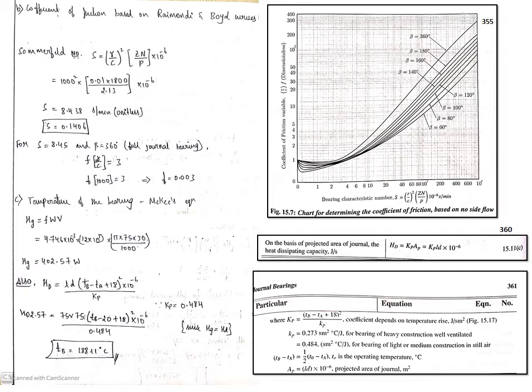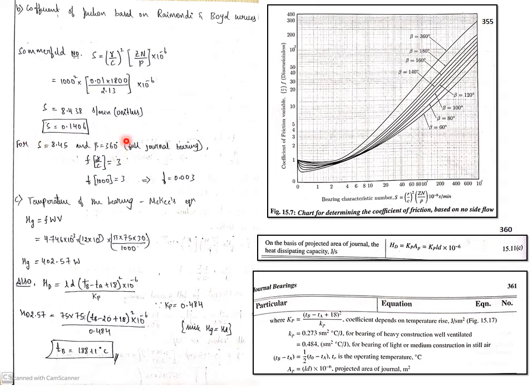So now the coefficient of friction according to Riemann and Boyd curves. Okay, so for Riemann and Boyd curves, before that you have to find the Sommerfeld number, that is this equation. Substituting all these values, find the value of S. You have to use S, okay, with respect to that beta as 360 degrees for a full journal bearing, this is the angle of the bearing.